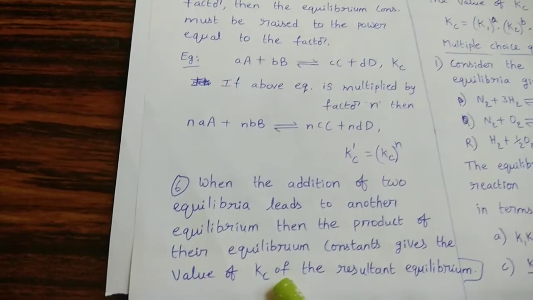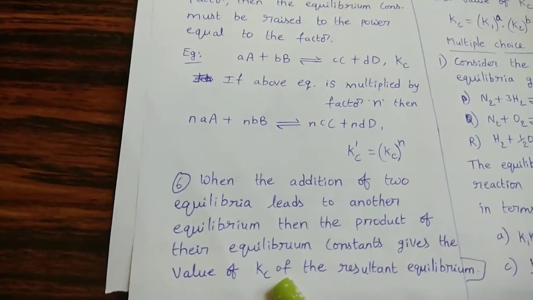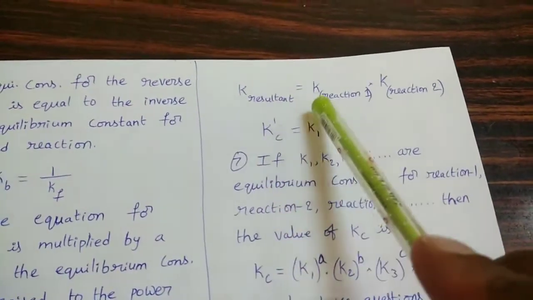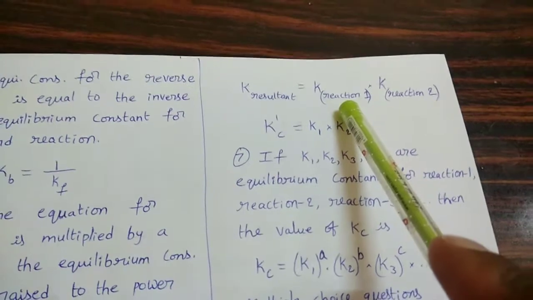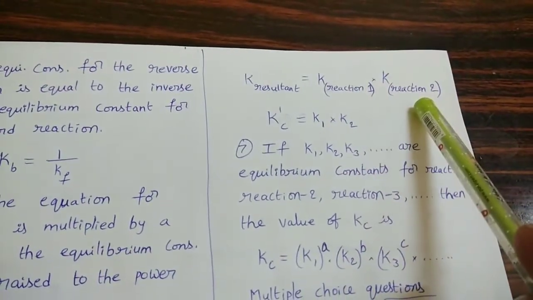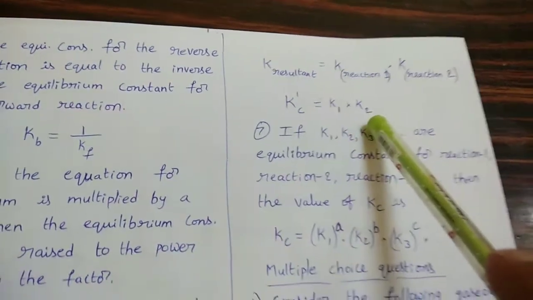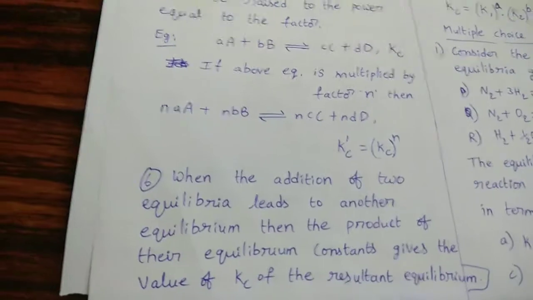Suppose Kc prime is the equilibrium constant of the resultant reaction. It is obtained as Kc prime equal to the equilibrium constant of reaction 1 into the equilibrium constant of reaction 2. So Kc prime equal to K1 into K2. This is in case of addition of two equilibria.